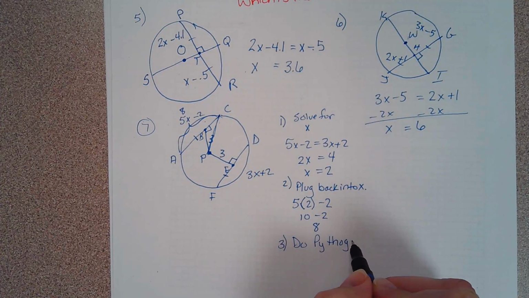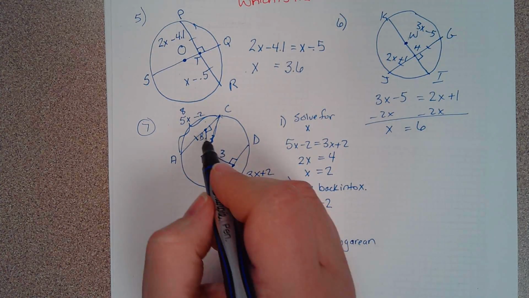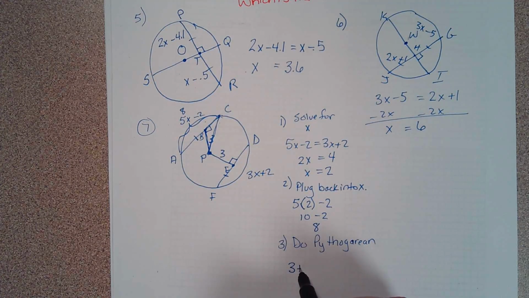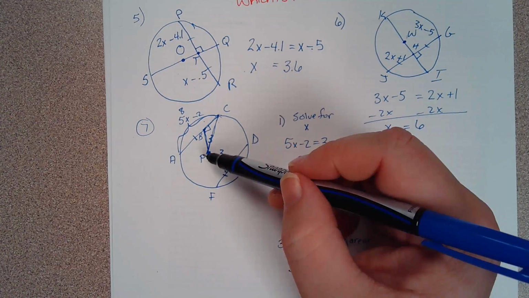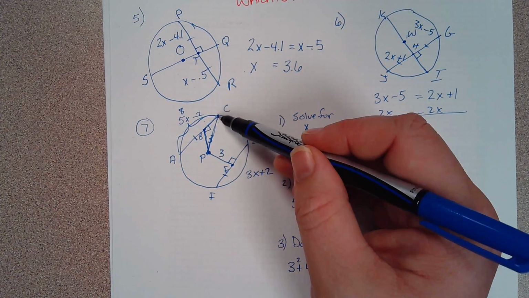Pythagorean theorem. There we go. We know this length here is 3, and this here now is 4. So 3 and 4, each one of them squared, equals c squared. And c, if you notice, is the radius, because it is from the center point to the outer edge.